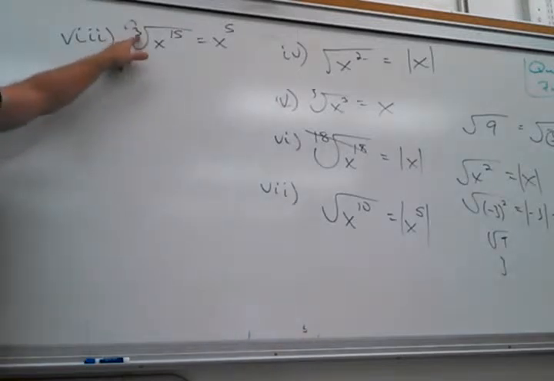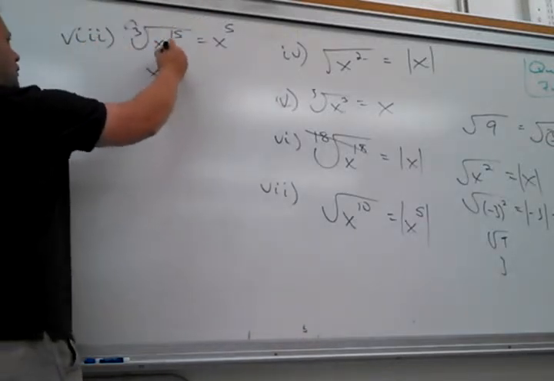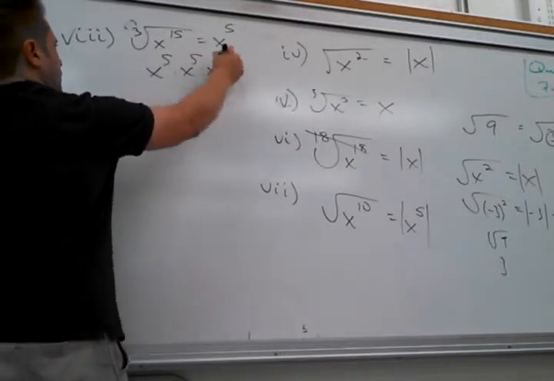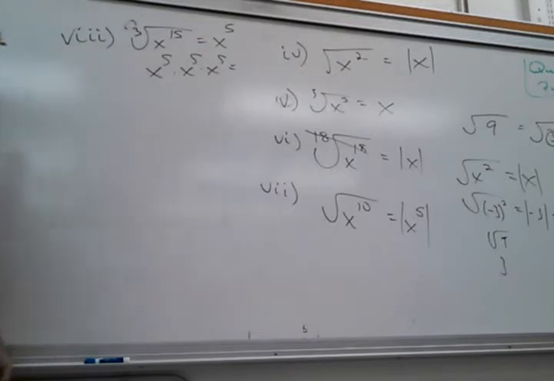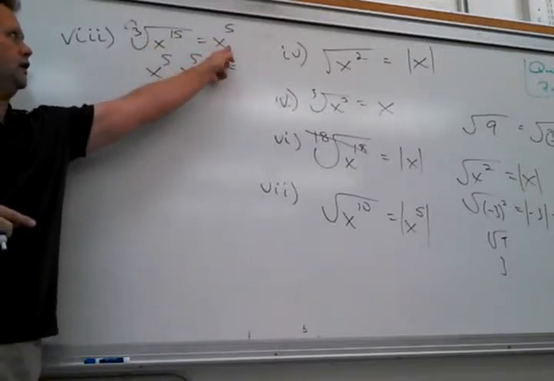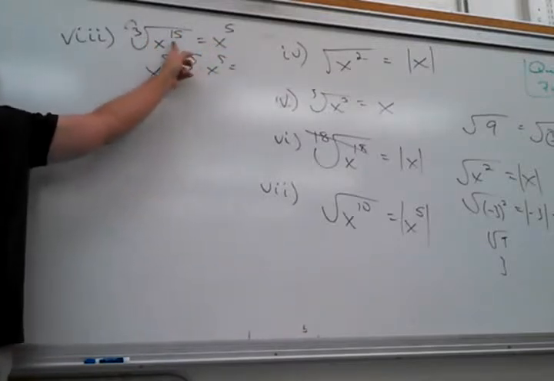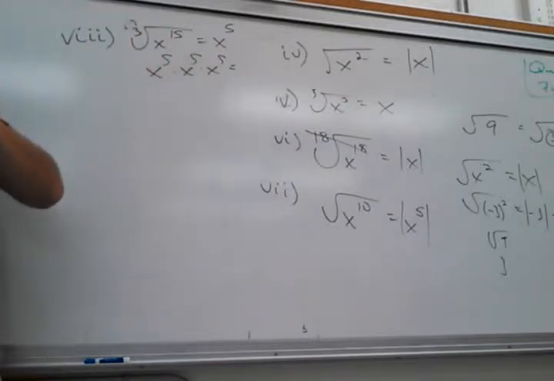And the shortcut, 3 goes into 15 5 times. And if you want to check yourself, x to the 5th times x to the 5th times x to the 5th, 5, 10, and 15. Sure enough. Remember, what's a cube root mean? 3 of something multiply to be this. And sure enough, 3 of these multiply to be this. So that's why, let that be easy.